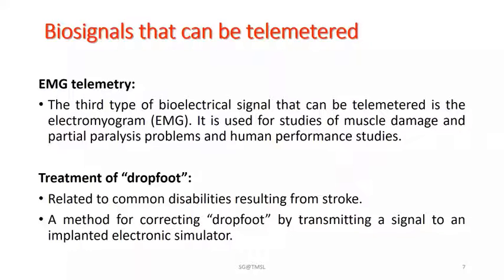Now, by using suitable transducers, telemetry can be employed for the measurement of a wide variety of physiological variables. In some cases, the transducer circuit is designed as a separate plug-in module to fit into the transmitter, which allows one transmitter design to be used for different types of measurements.